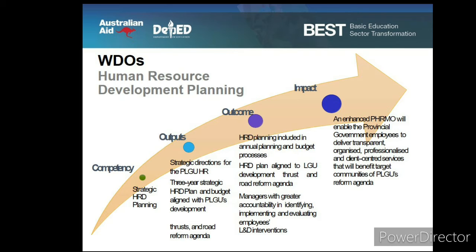As we can see in the diagram, the lowest level is the competency, which is represented by the strategic HRD planning, followed by outputs, which are represented also by strategic directions for the PLGU HR, and an outcome representing HRD planning, including annual planning and budget processes, and the highest level is impact, with an enhanced PHRMO that will enable the provincial government employees to deliver transparent, organized, professionalized, and client-centered services that will benefit target communities of PLGU's reform agenda.